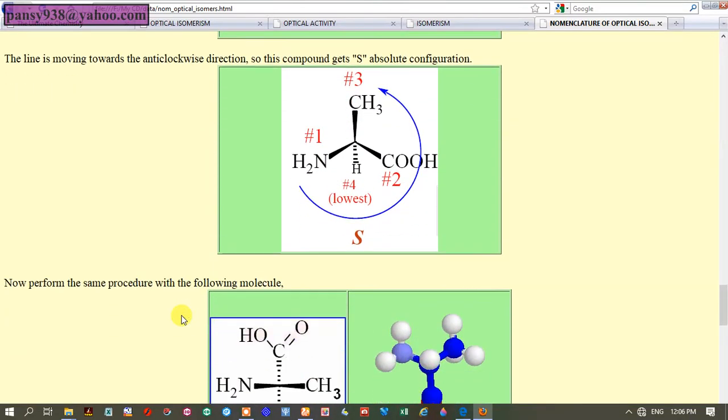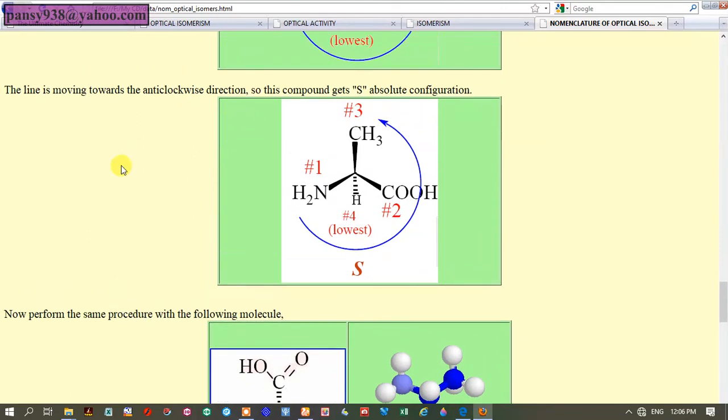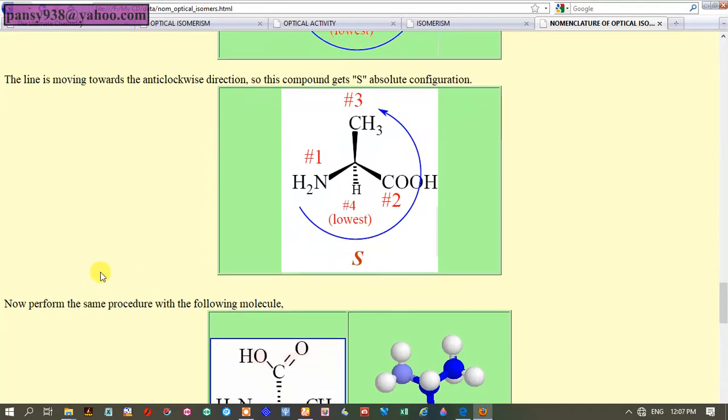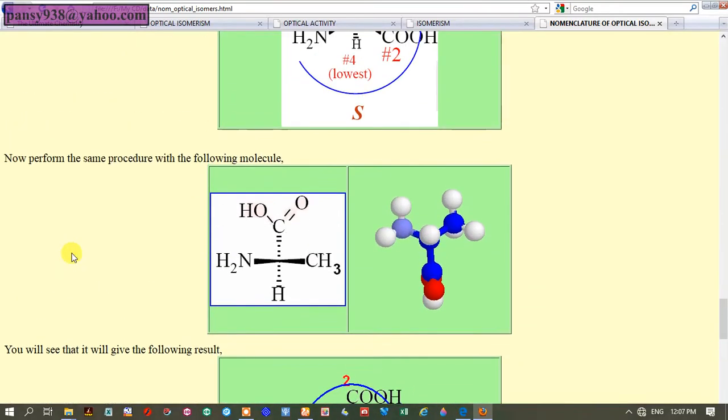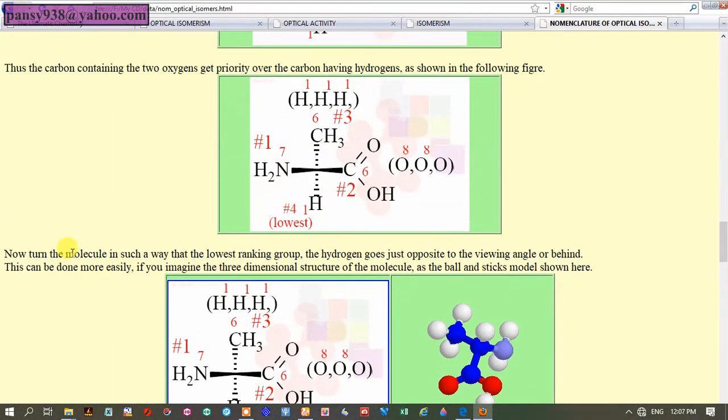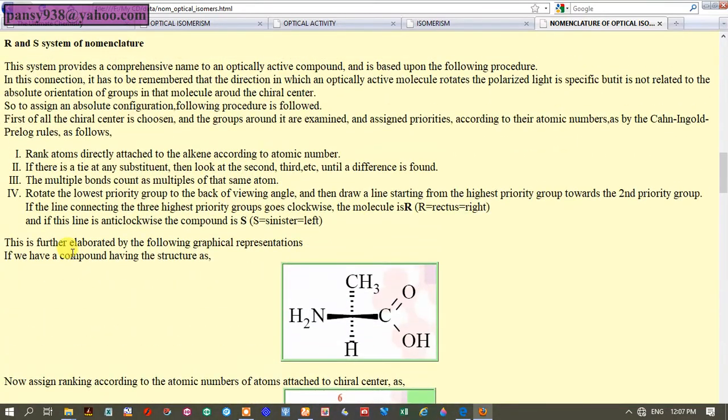If it is moving in anti-clockwise direction, the compound is called S. And if it is moving in clockwise direction, the compound is designated with the symbol R. R from right and S from left.